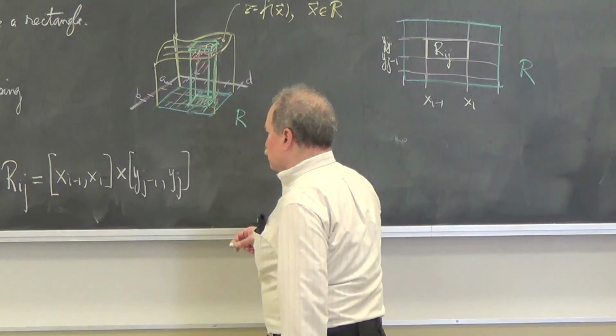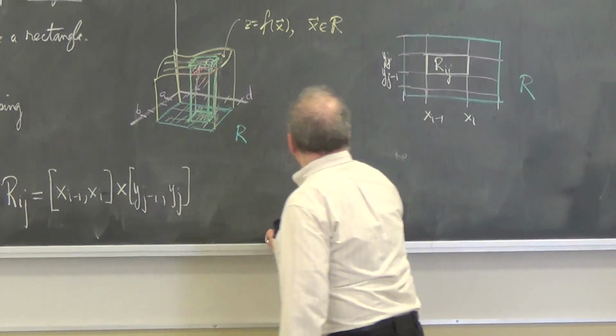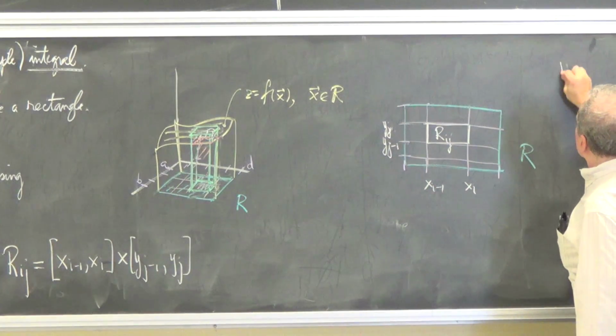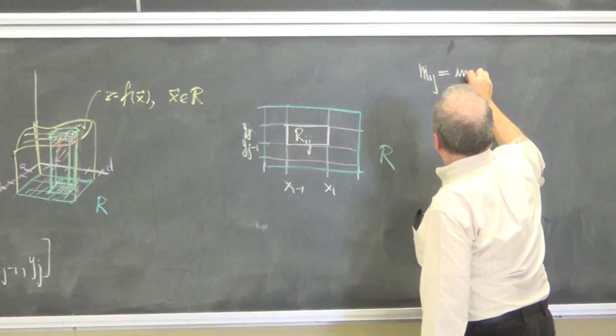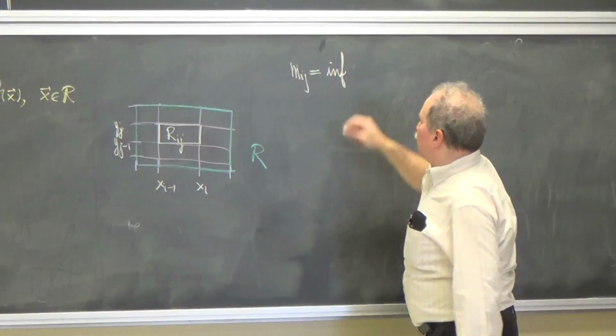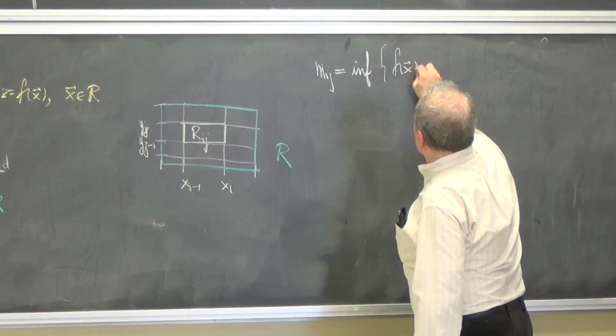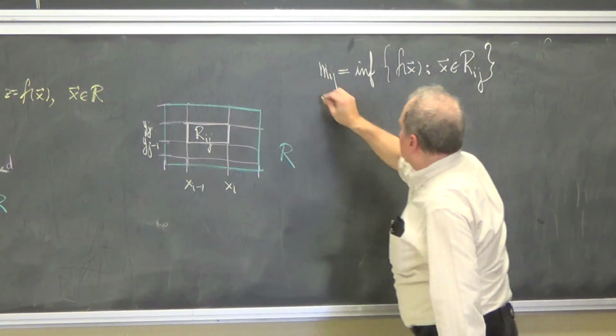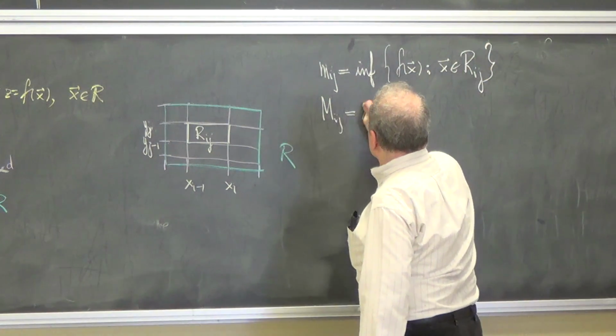So for each R sub ij, as we were doing up there, little m sub ij is the minimum, or the infimum, of the values of the function on that rectangle, and big M sub ij is the sup.